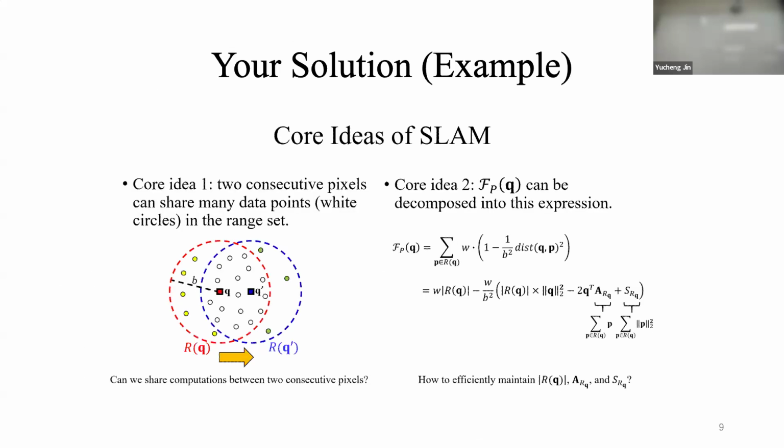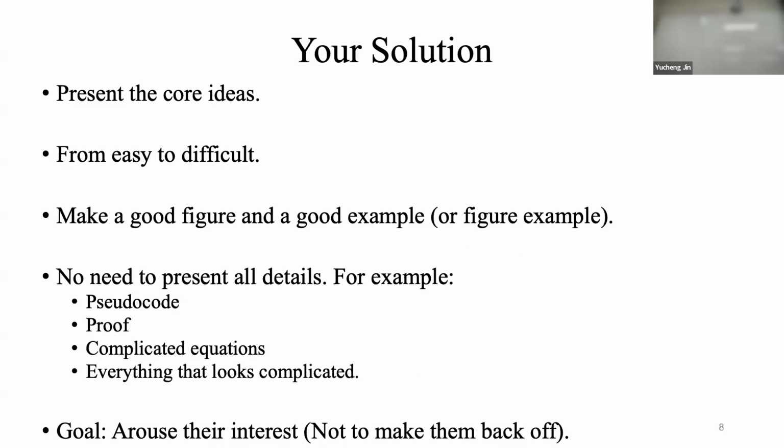Sorry, I interrupted. I just have a question here. Oh, right. You see here, no need to present all details. Do you mean present the details in the paper, or during the conference? In a conference, you need to do that, but in a paper, you can still move all these very complicated things to a supplementary part.